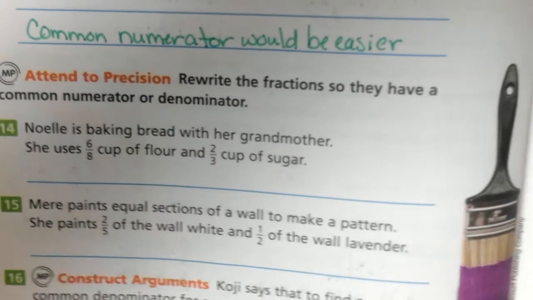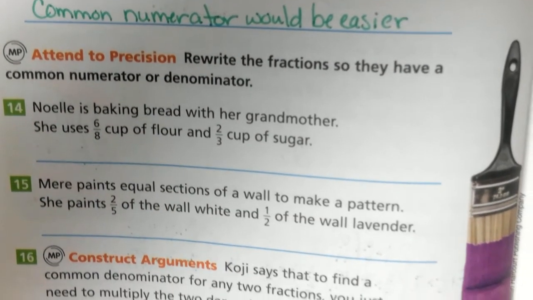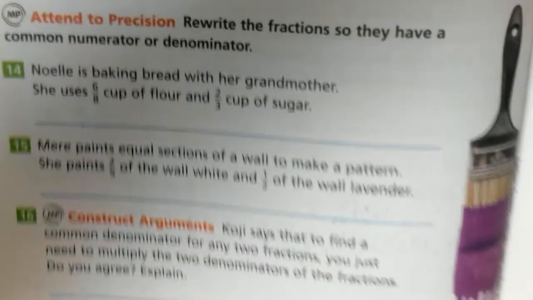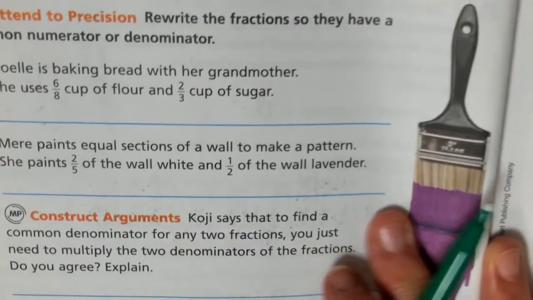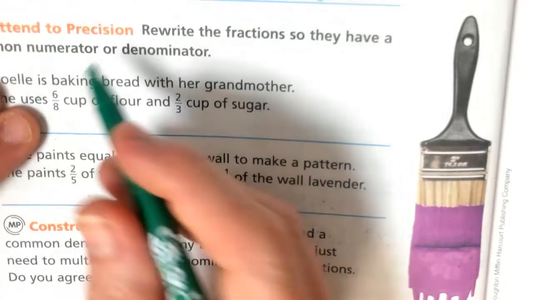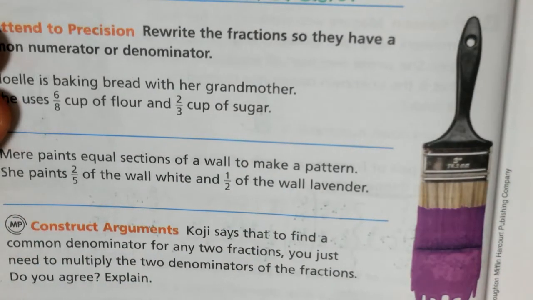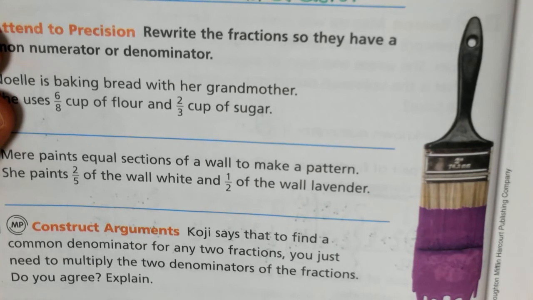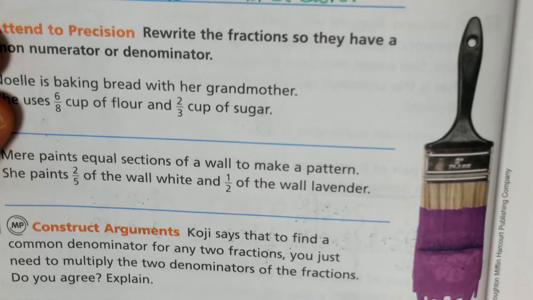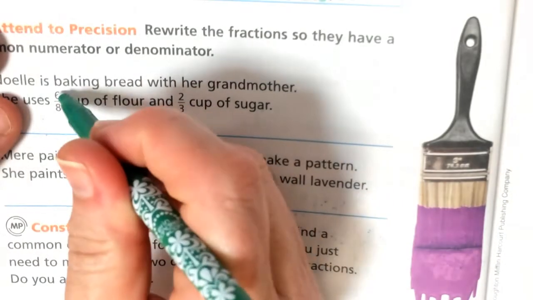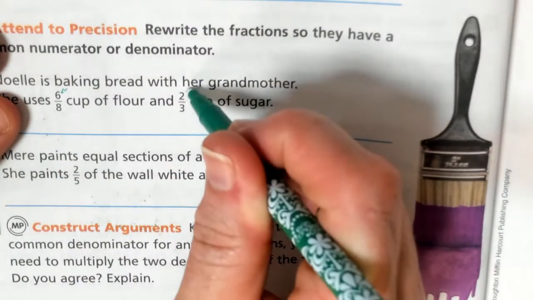Alrighty. So rewrite the fractions so they have a common numerator or denominator. We get to choose again what we think would be best. So we have 6/8 and we have 2/3. What do we think would be the best common numerator or denominator? Well, if I think about my numerators, I have a 6 here and I have a 2 here.